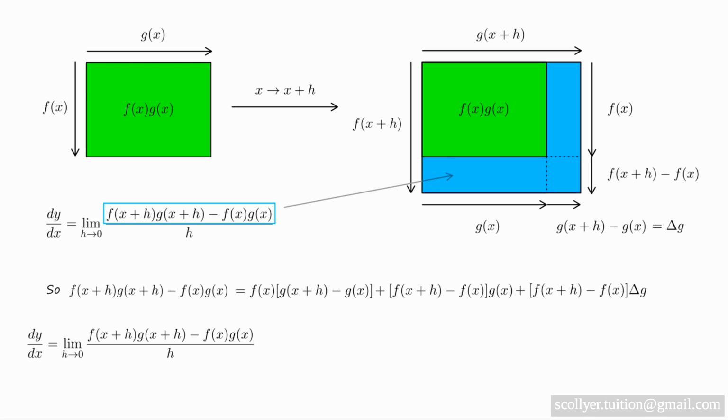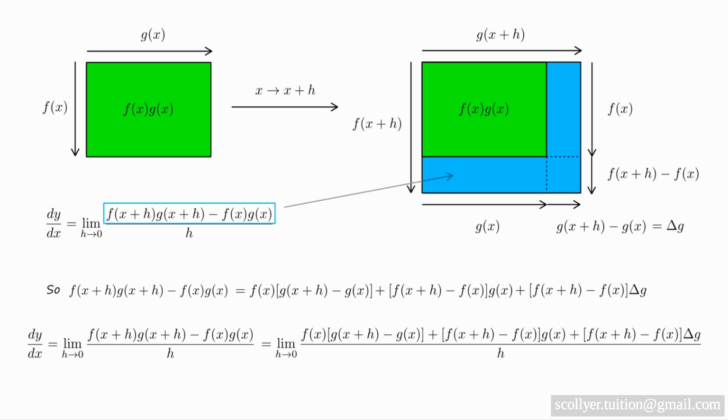And so with that expansion, the expression for dy by dx turns into this complex expression whose numerator is the sum of 3 separate terms.